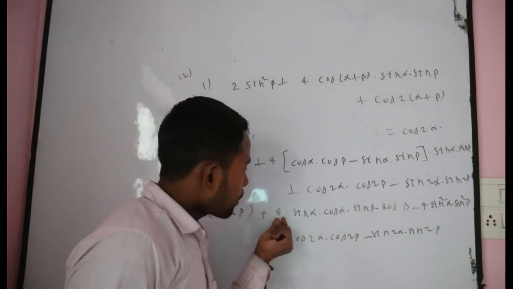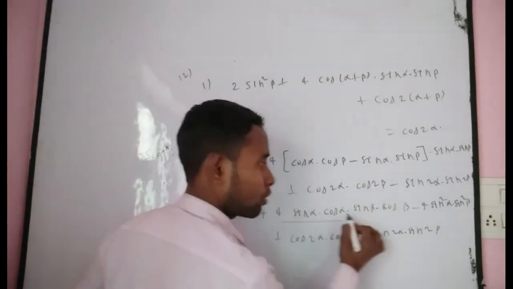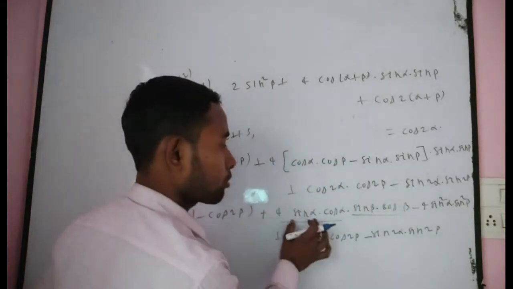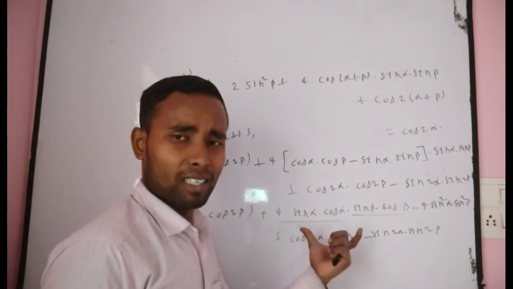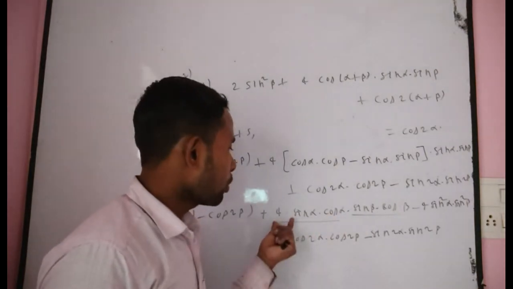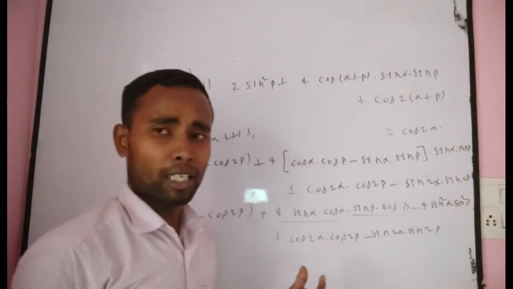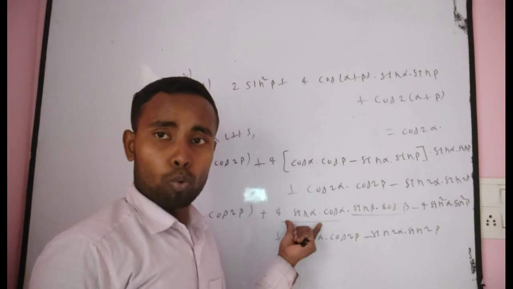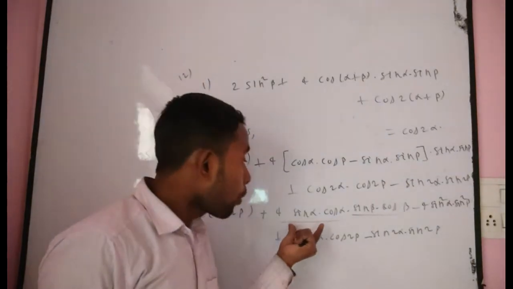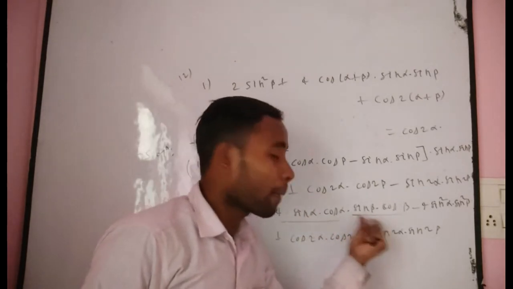The first 2 you take with this term and the second 2 with this term, that means 2 sin alpha cos alpha and 2 sin beta cos beta. There is no change. So you get sin 2 alpha into sin 2 beta.